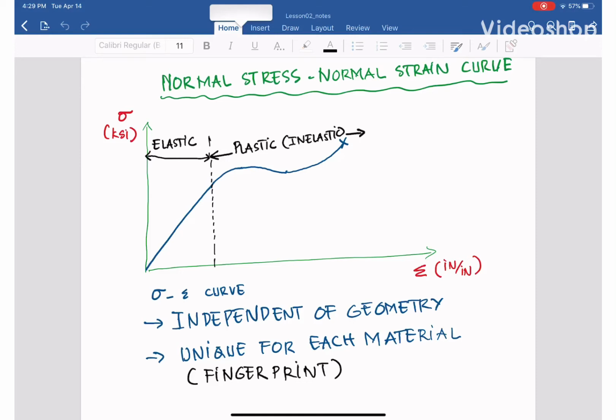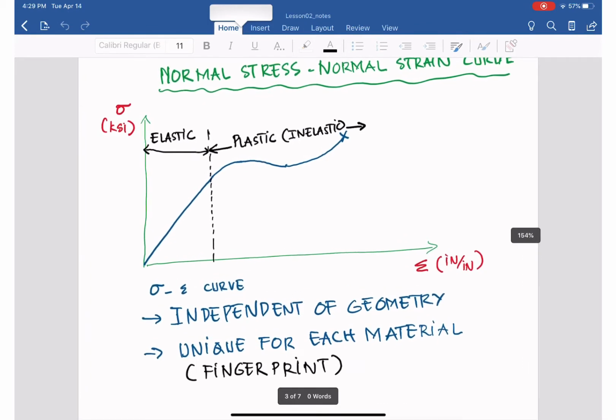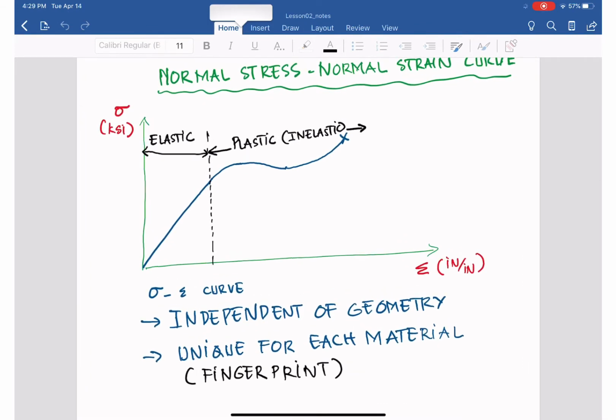Let's continue with the normal stress, normal strain curve as mentioned in the previous video. As you can see, in the elastic region the relationship between epsilon and sigma is linear, a straight line.